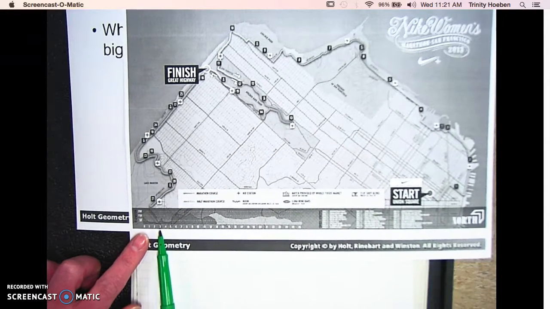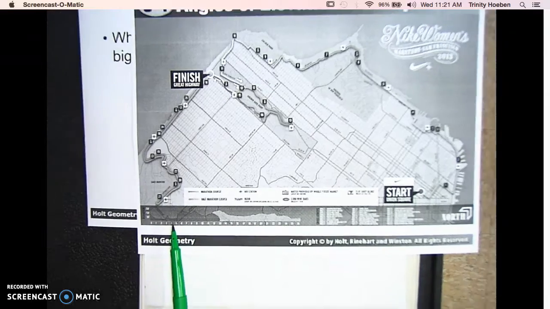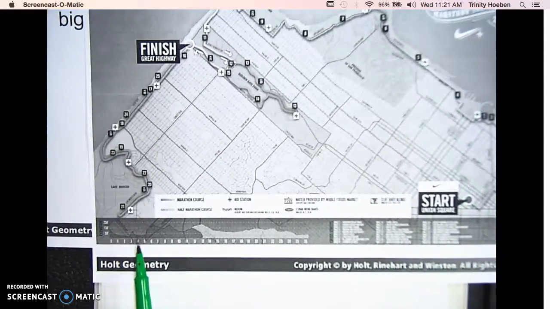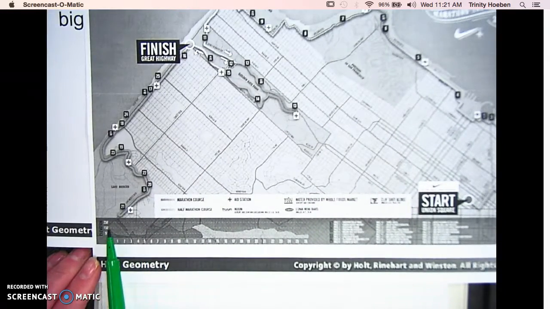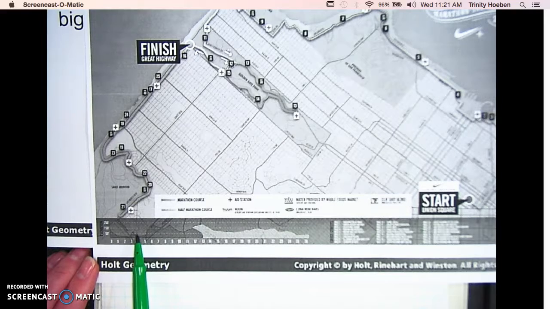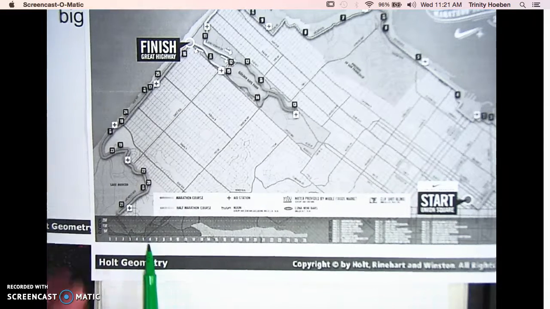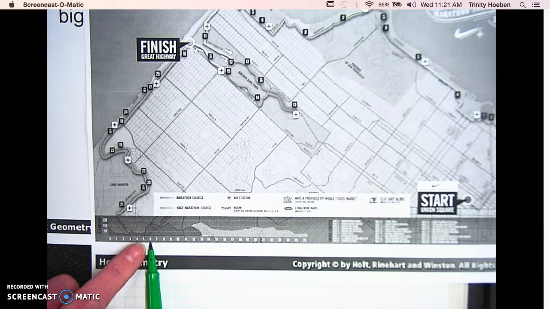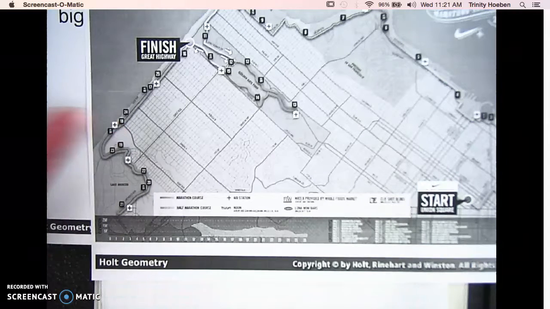It's really hard to see because it's in black and gray, but you can see that it starts and you run down next to the water, and then there's this little hill here, and then it goes pretty flat again, but then right between mile 5 and mile 6, it shoots pretty straight up. Okay, so there's a pretty big hill right there. So that's the hill. We're going to calculate its angle of elevation.